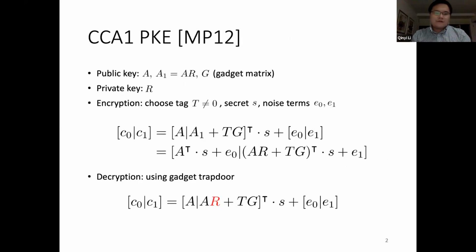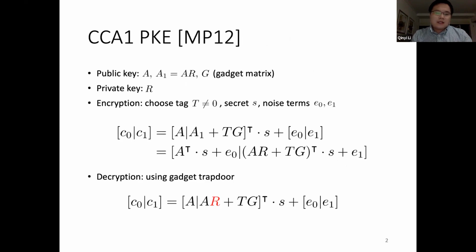So first of all, our construction is based on the Micciancio-Peikert CCA1 public key encryption. Here the capital letters are matrices and lowercase letters are vectors.